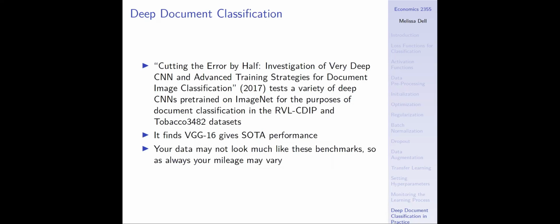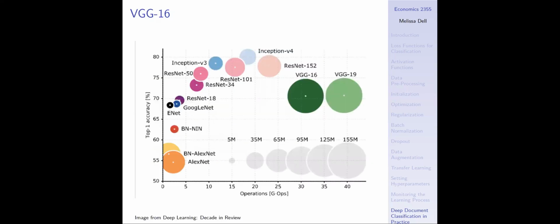They test a variety of deep CNNs that they've pre-trained on ImageNet for classifying on these two benchmark document data sets, and they argue that VGG16 gives state-of-the-art performance. As always, your mileage may vary if your data don't look exactly like these benchmarks.